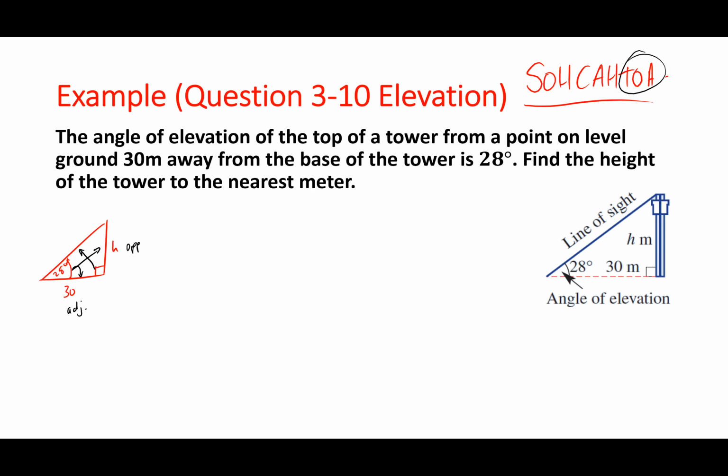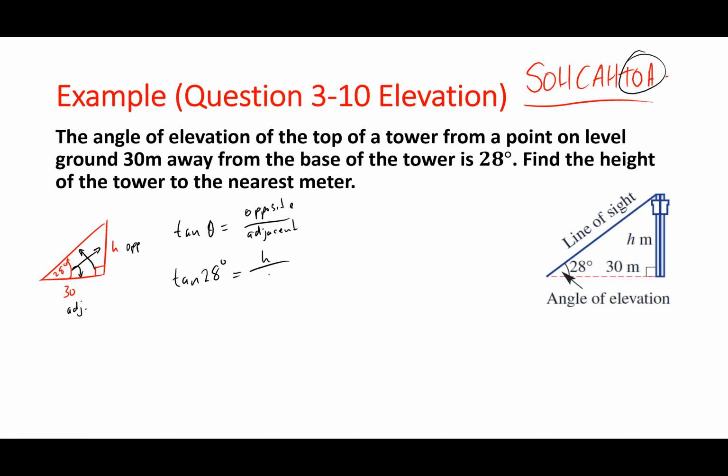So tan theta is equal to the opposite over the adjacent. So tan of my angle, which is 28 degrees, is equal to the opposite, which is H, over the adjacent, which is 30.